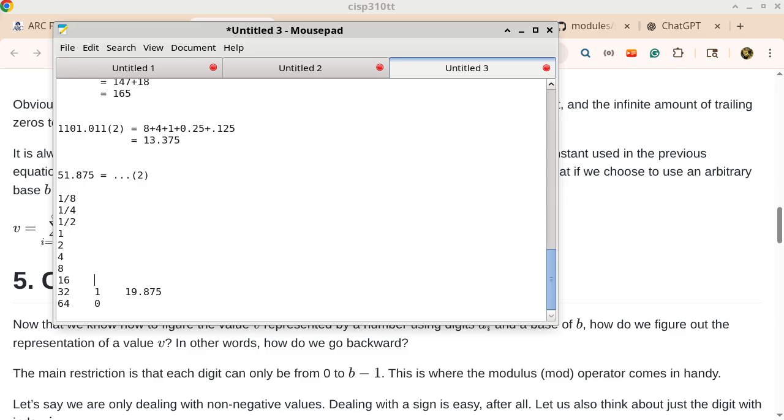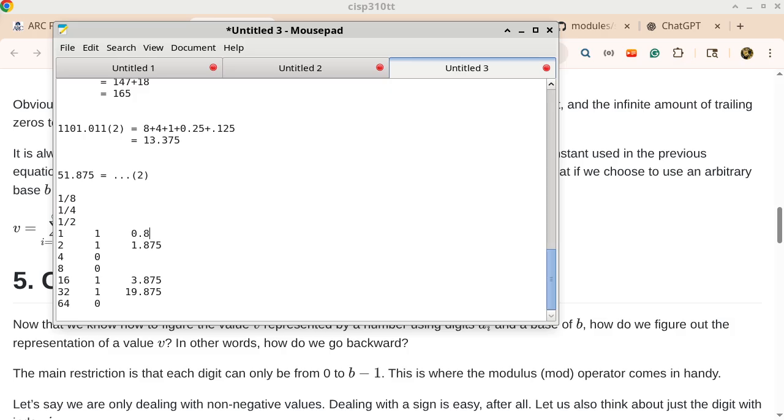All right, so what about 16? Do we need a 16? Yeah, we're going to need a 16, and we'll have 3.875 left. Do we need an 8? Nope. Do we need a 4? Nope. We're going to need a 2, at which point we're going to have 1.875 left. Then we're going to need one of the 1 to take care of the 1s.